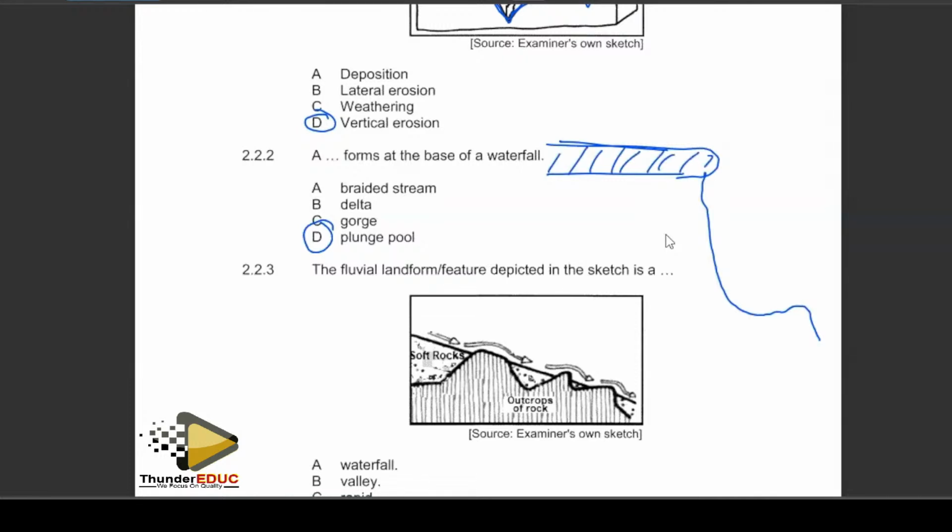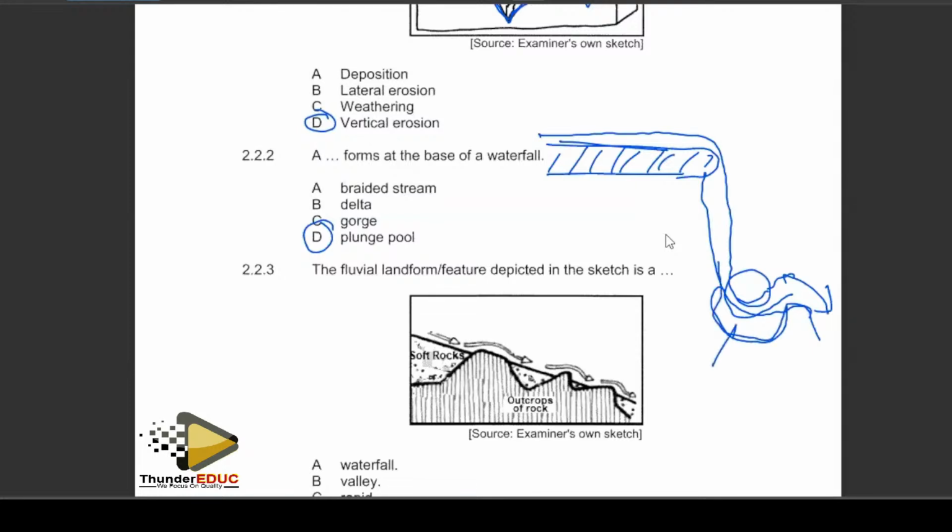So because of this, we have the river channel flowing, water flowing like that. As it gets here, the water will plunge. And as the water plunges, for it to continue, it has to circulate here. As it circulates, it ends up creating a pool at the bottom of the waterfall.